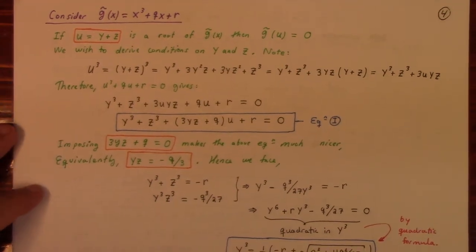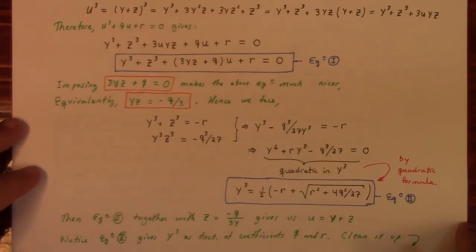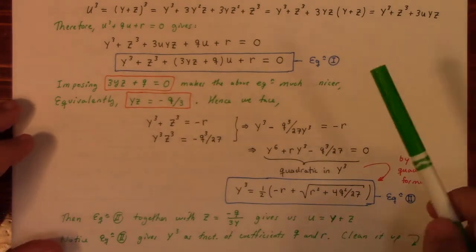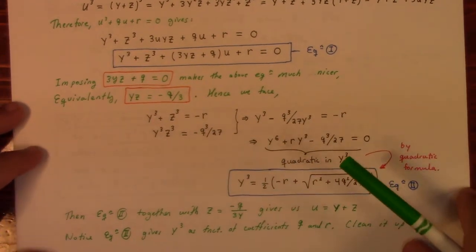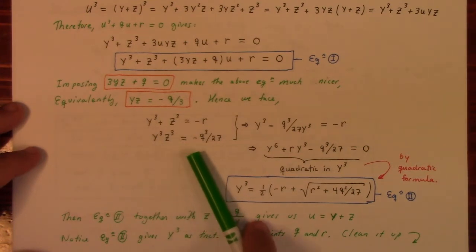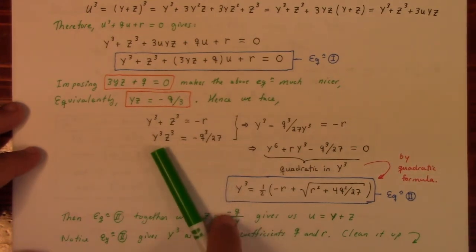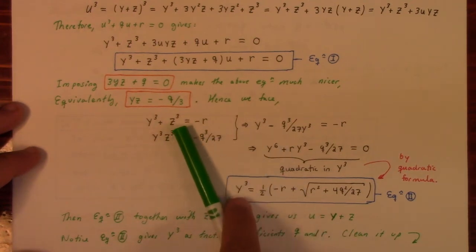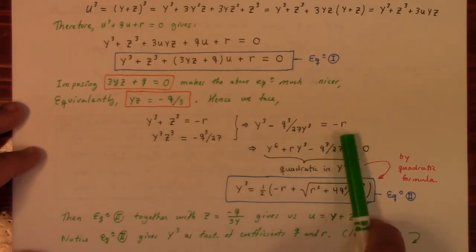Let me scooch this up a bit here. So then we take the y cubed and we solve that for z cubed. Z cubed is minus q cubed over 27 y cubed. Plug that in for z cubed here. That gives us this.